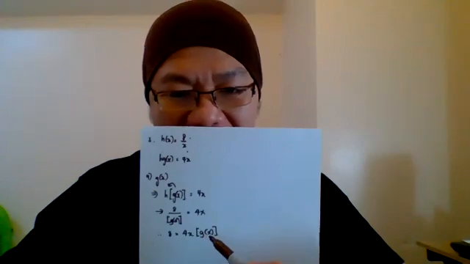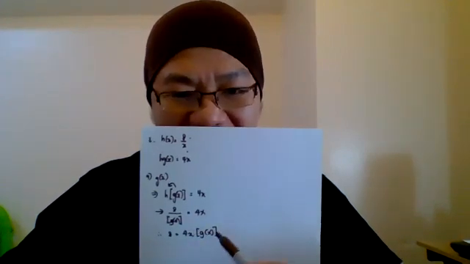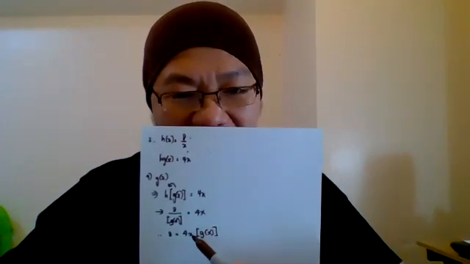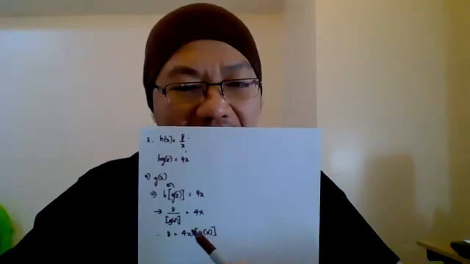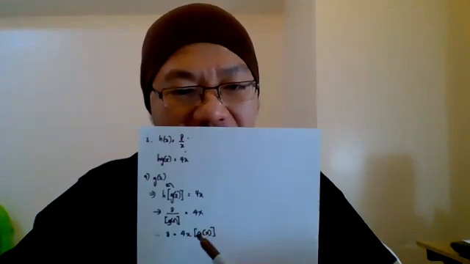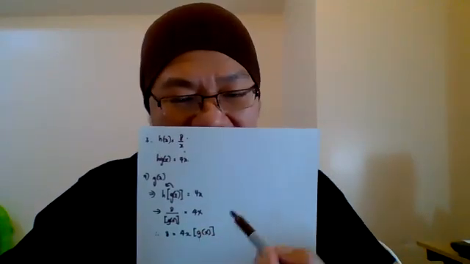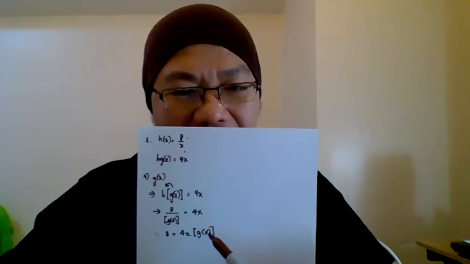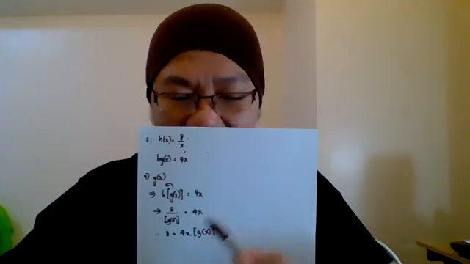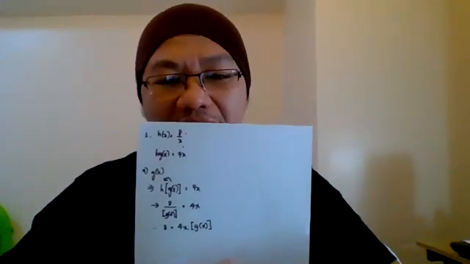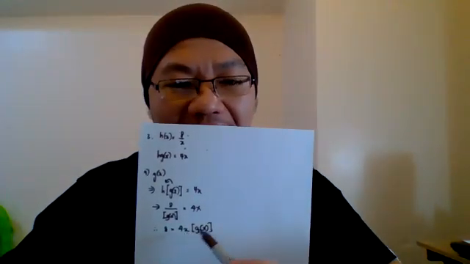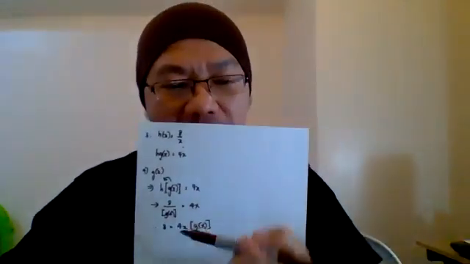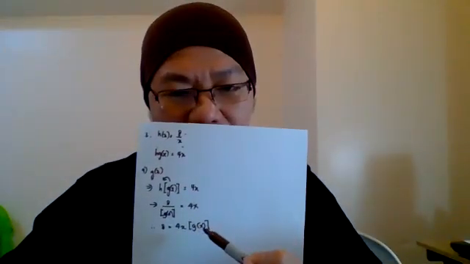X here and the x inside the bracket here, they are not the same thing. You cannot times this x and this x, it becomes x squared later. No, cannot. They are different things. Okay, the g(x) here actually is one thing. Okay, you tak boleh assume, you tak boleh simplify so that x times x becomes x squared. Cannot.